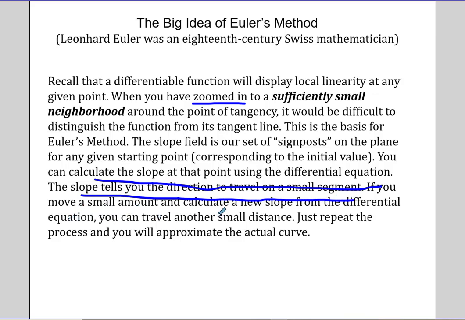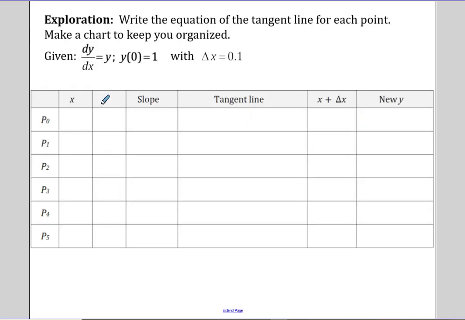And if you move a small amount and calculate a new slope from whatever differential equation we're given, we can travel another small distance, and we just repeat that process until we've found an approximation to the actual curve. So it's just one approach, a numerical method for solving a differential equation.